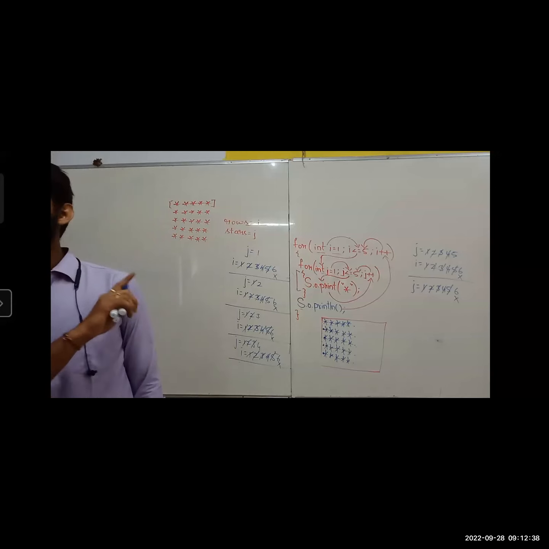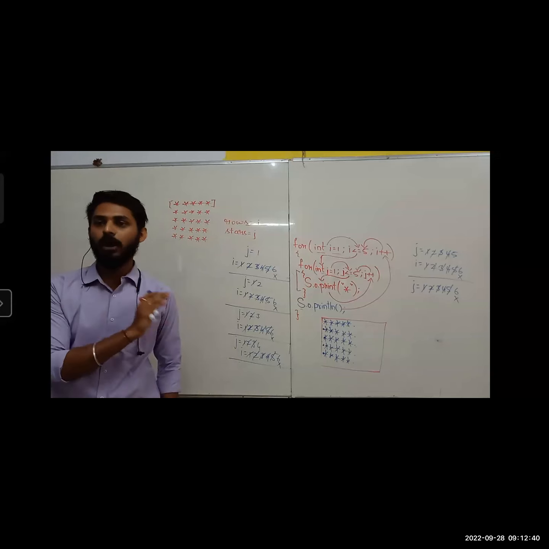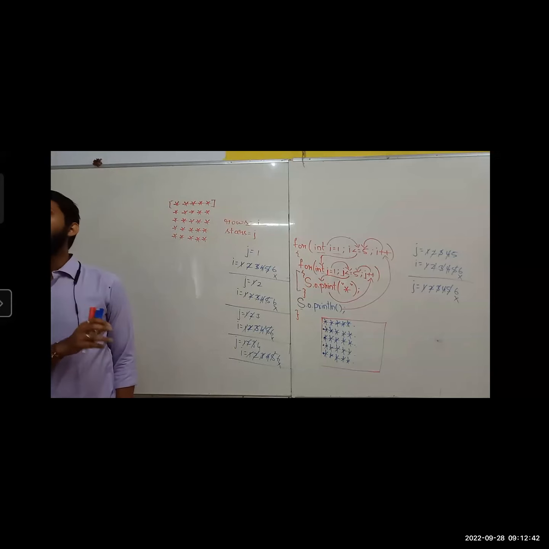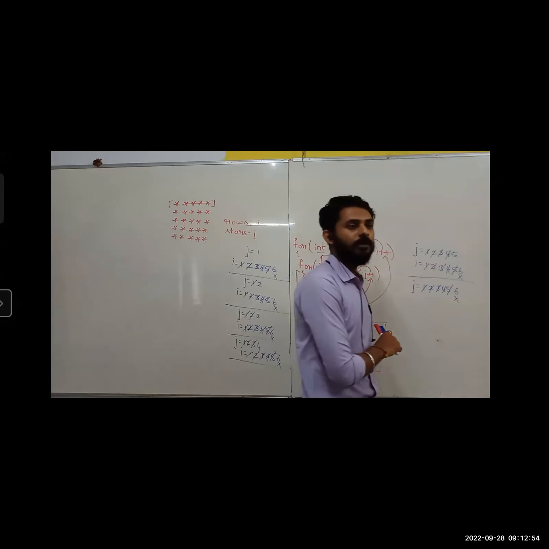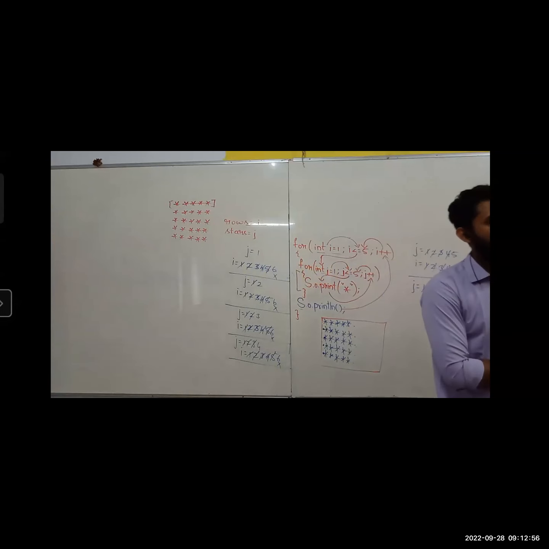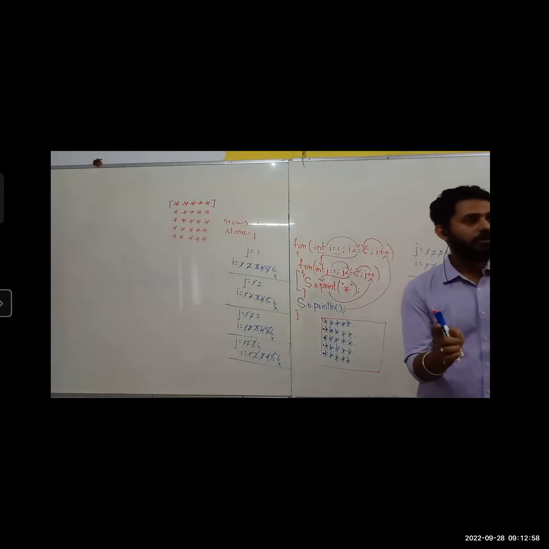Same thing. If I want to convert it to a user-based application, how can I do it? I will ask the user how many rows you need, because in every row I'm printing the same number of stars. If the user says 10, then what should I do? In 10 rows, how many stars should I print? 10 stars.